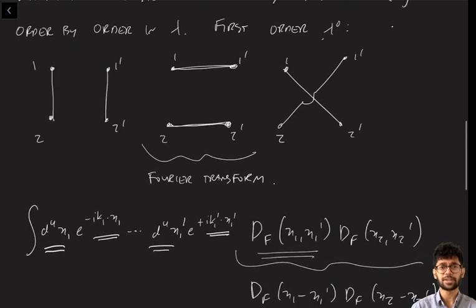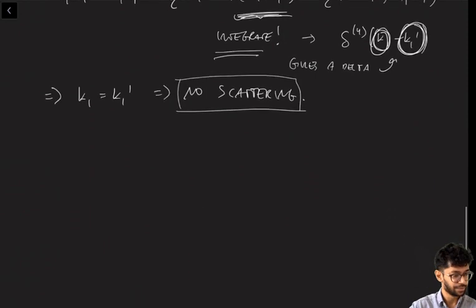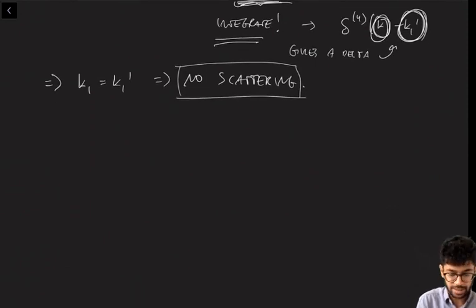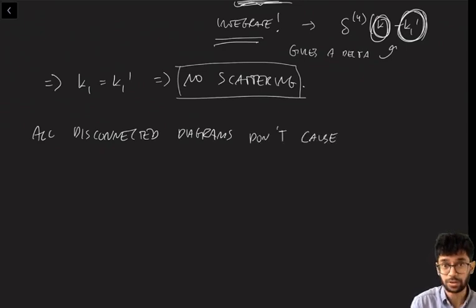All right. So very similar considerations apply to all of the other disconnected diagrams. And in particular, what is happening here is that all the disconnected diagrams do not contribute to scattering. They don't cause scattering.